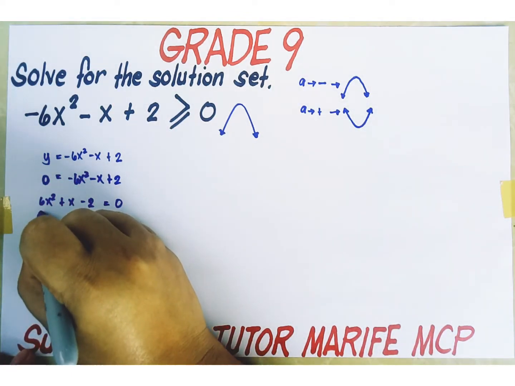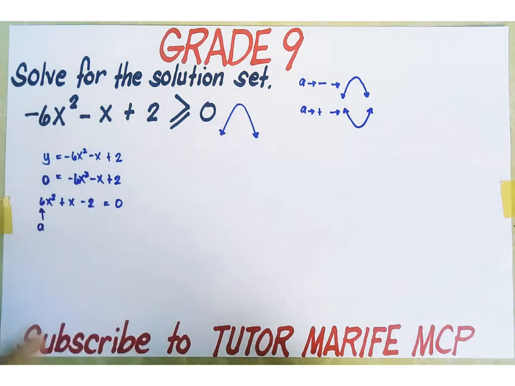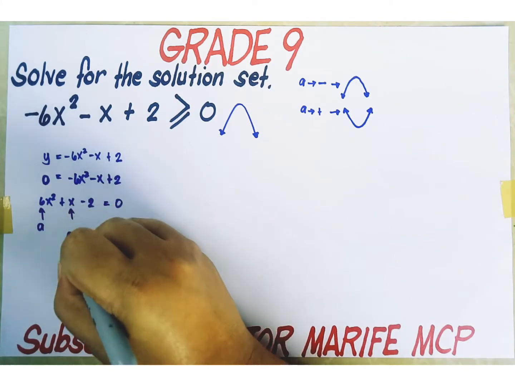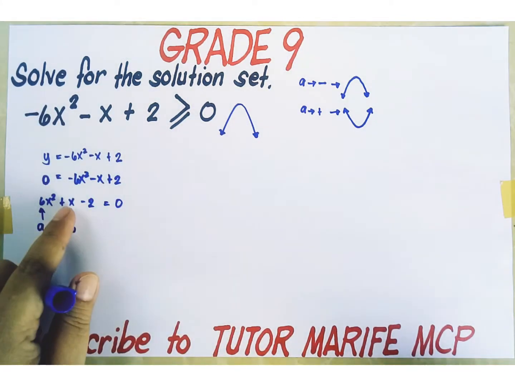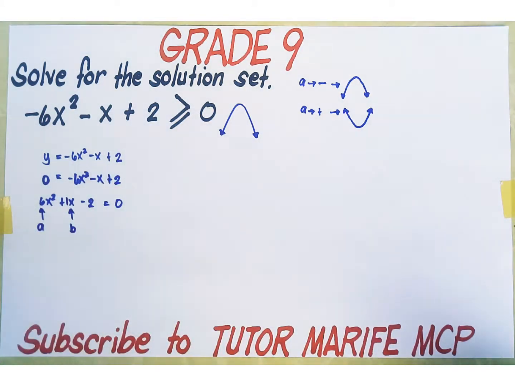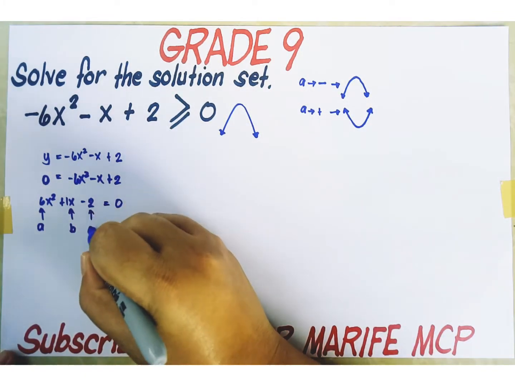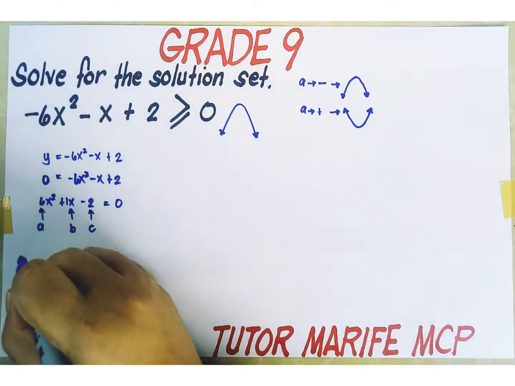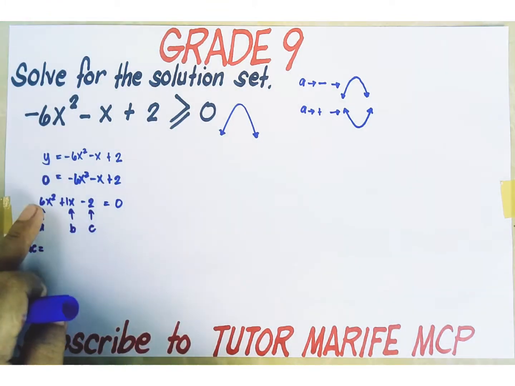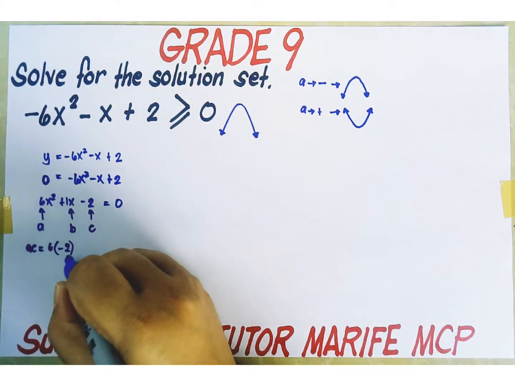First, define ABC. A is 6, B is 1, there's an invisible 1 at the left of x, so B is 1. C is the constant term, it's negative 2. AC is the product of A and C. 6 times negative 2, negative 12.